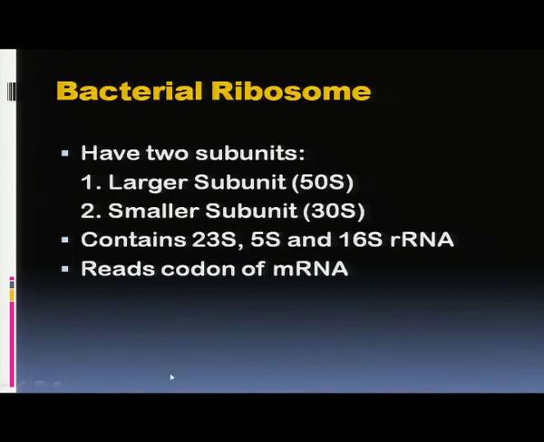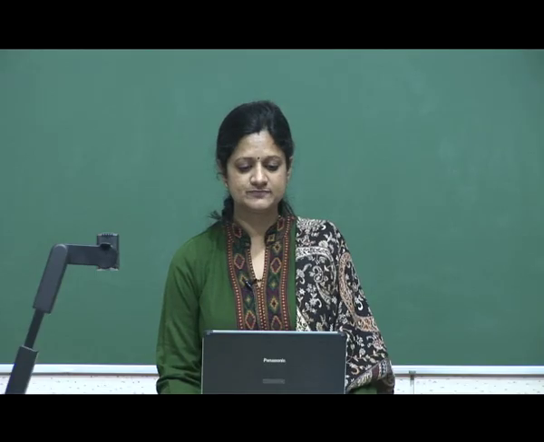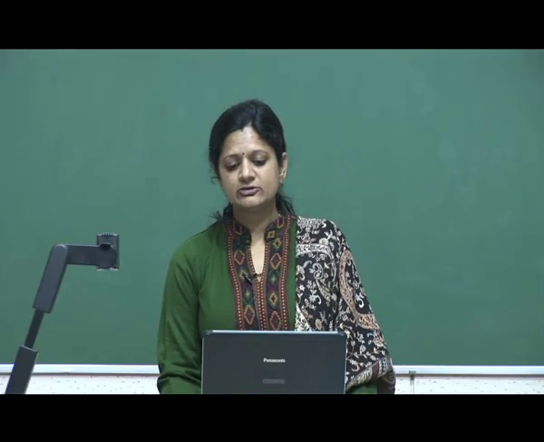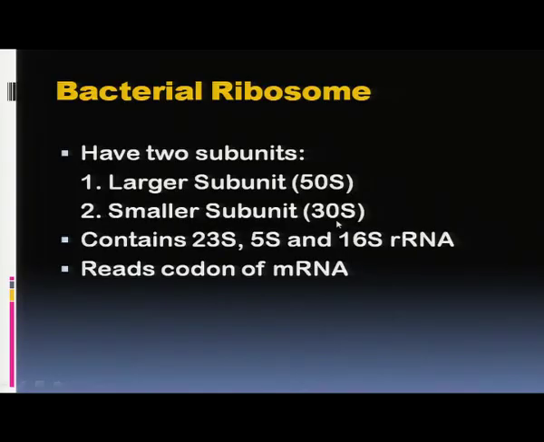If we talk about ribosome, in case of bacteria or prokaryotes, the ribosomes have two subunits, larger subunit and smaller subunit. Larger subunit is 50S, S stands for sedimentation coefficient or Svedberg unit, and the small subunit is of 30S. When smaller subunit and larger subunit combine together, they will form 70S ribosome.